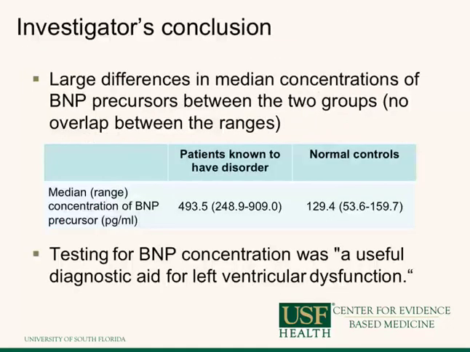Here are the results they reported. Patients with the disorder had a mean value of 493, and here are the confidence intervals. The normal controls were 129.4, which was significantly less than the sick people.